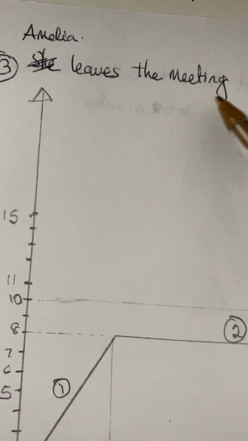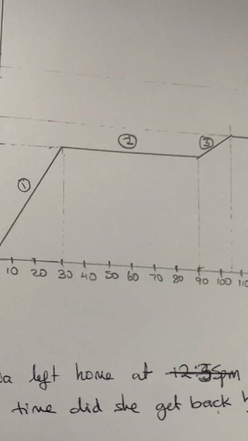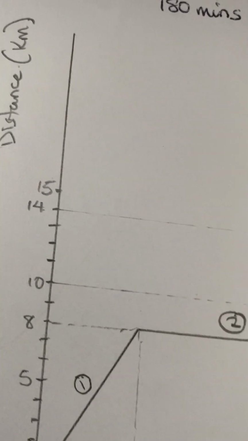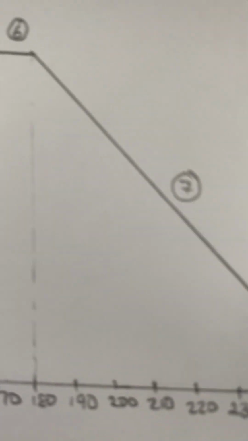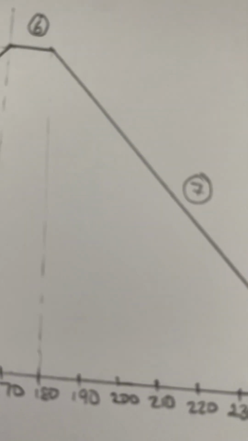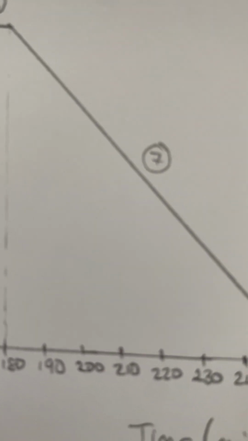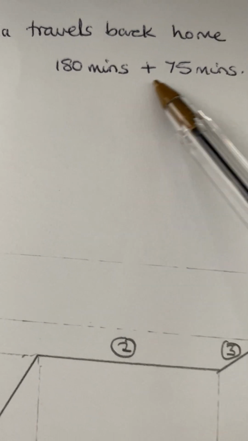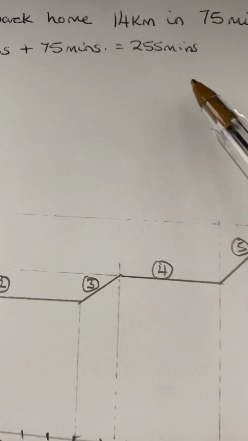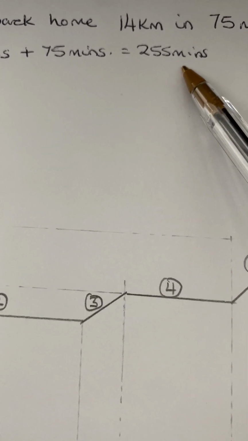Now, from there, she leaves. She travels back home with Jason, but because there's traffic now, she has to take 75 minutes to get home. So now 180 minutes at Jason's school plus 75 minutes will take her to 255 minutes.